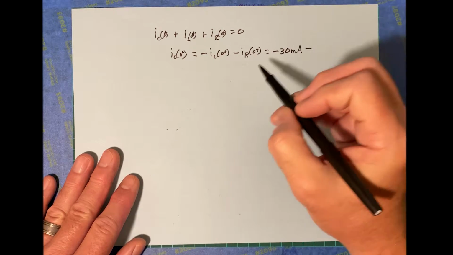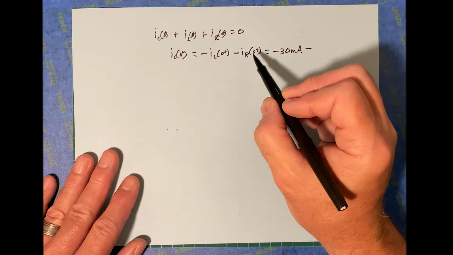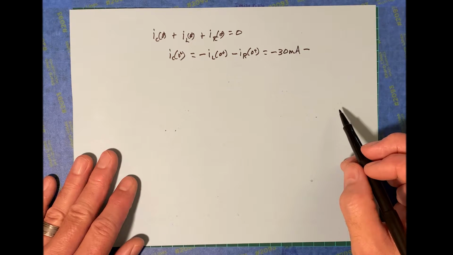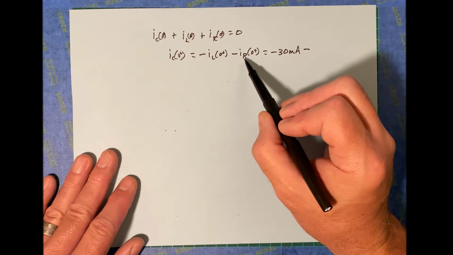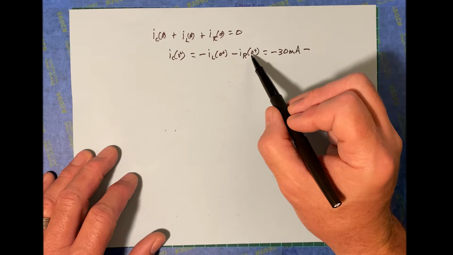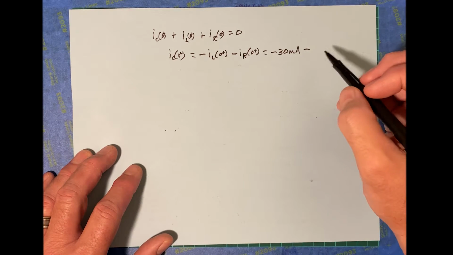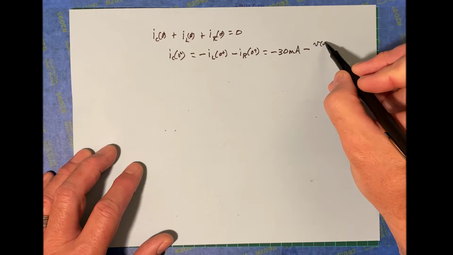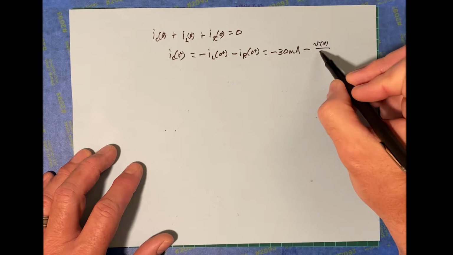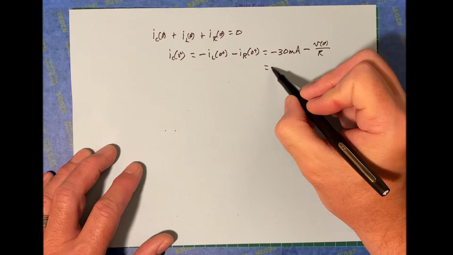And then minus this current here at 0 plus. Well, what is that? I said voltage, I meant current. What is this current at 0 plus for the resistor? Well, current for a resistor at any time is just V over R. So it's going to be the voltage at 0 plus divided by R. Let's plug that in.